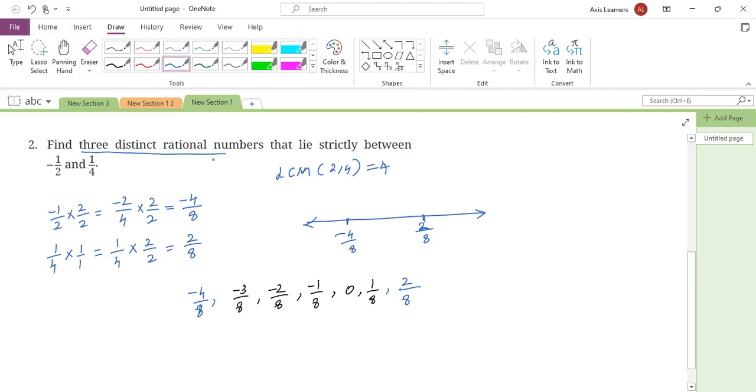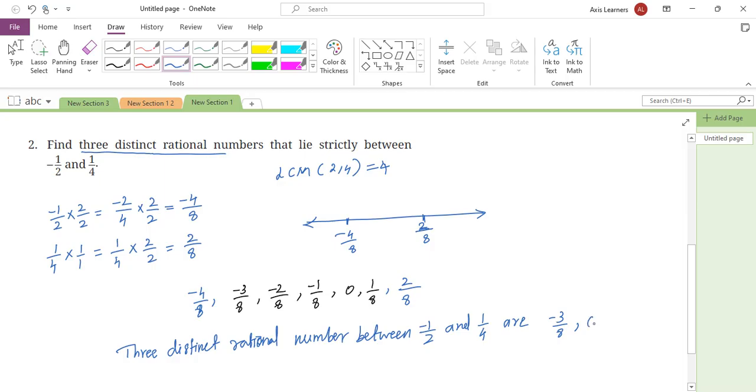In this sequence we need to write 3 distinct rational numbers between minus 1 by 2 and 1 by 4, or we can write any 3 numbers from here. Already we have 5 numbers, but 3 numbers are sufficient. Let me write this number.